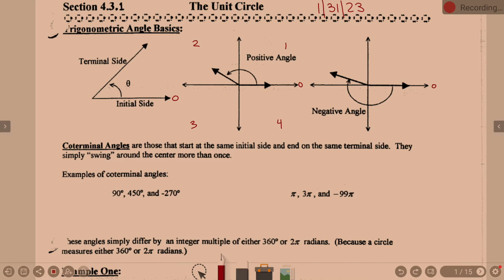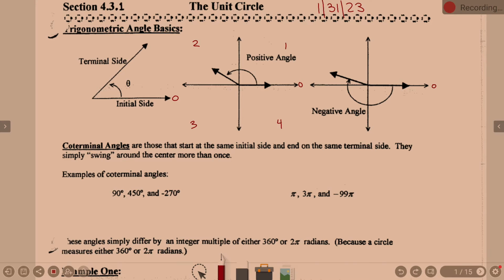And that is clockwise there. So if straight up is positive 90, then straight down is negative 90. You'll quickly learn on the unit circle, all these angles have multiple different names. Not just one name, not just two names, but multiple different names.